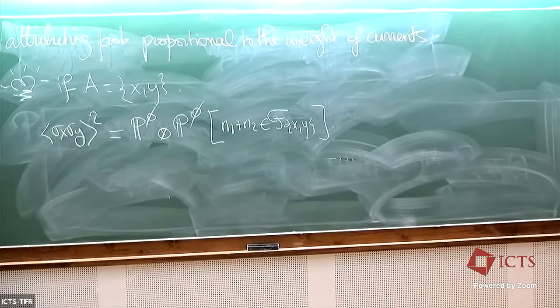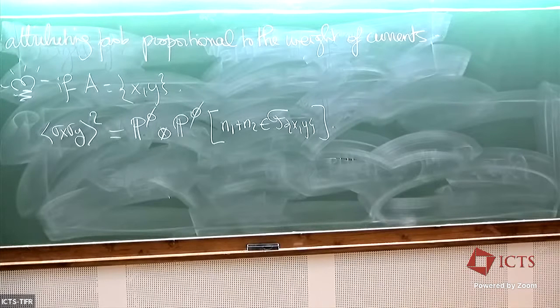That means that N1 plus N2 is such that there exists a subcurrent that has sources x and y. If you think about it, it's exactly meaning there is a path between x and y in the trace. There is a path of positive current.